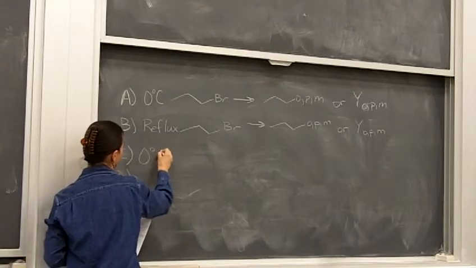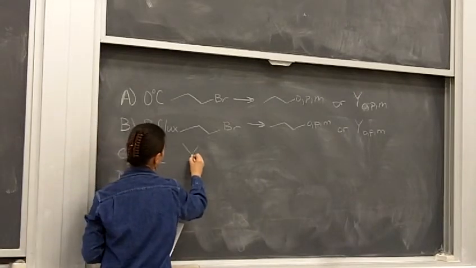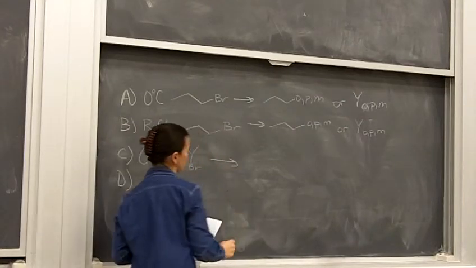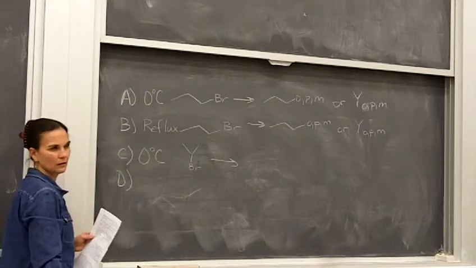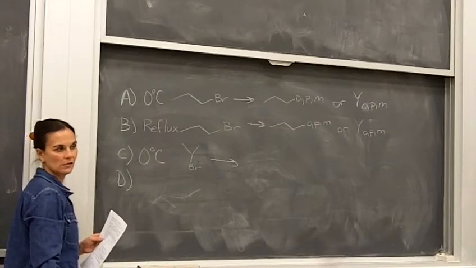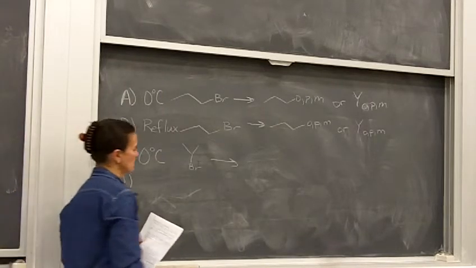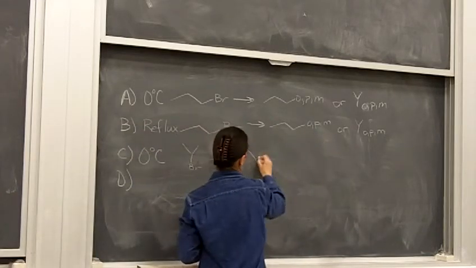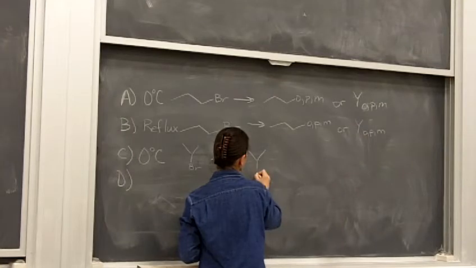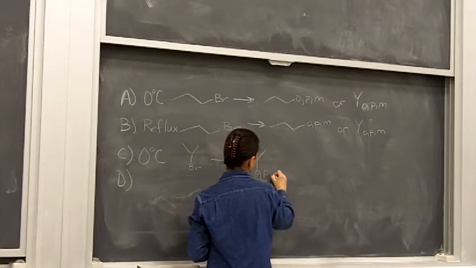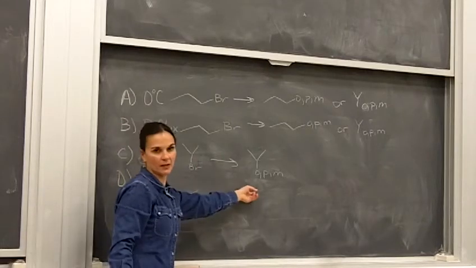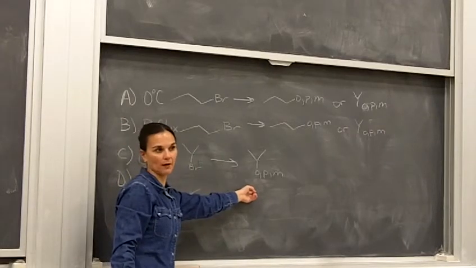C is 0 degrees, but now we're going to use 2-bromopropane. So what products do we expect with that? Just the isopropyl, right? You don't really expect it to go backwards, right? So this is what you're expecting with the 2-bromopropane.